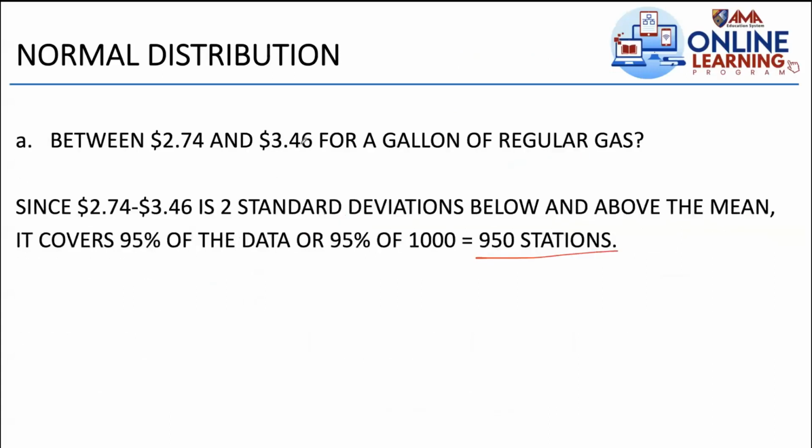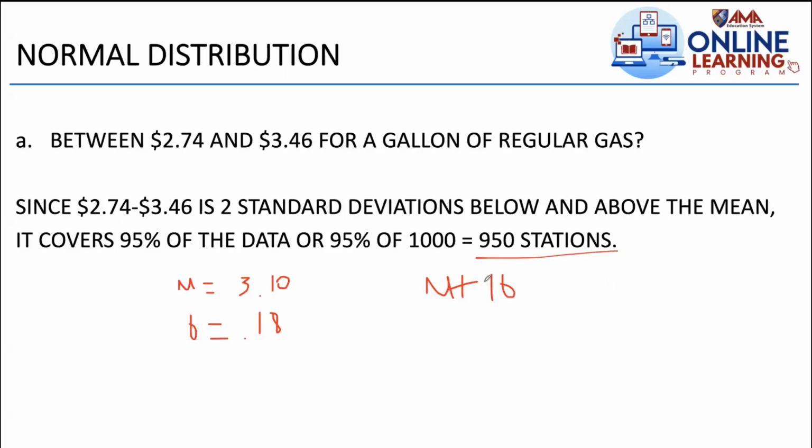Okay, it has to do with this. Remember, what's the mean again? The mean is 3.10, right? And the sigma is 0.18. Now, try to compute this, class. Mu plus 1 sigma.